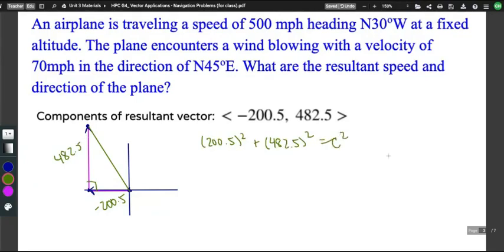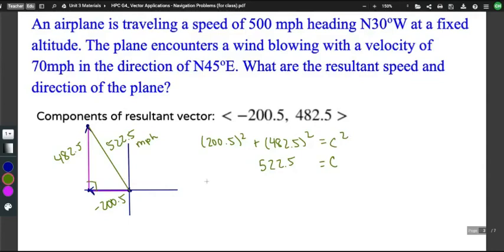A squared plus B squared equals C squared. And if you trust me, when I solved this equation for the length of my hypotenuse, I got approximately 522.5. So again, I'm labeling that as the length of the side, but it really represents the magnitude. And in this context, that's the speed of the plane.